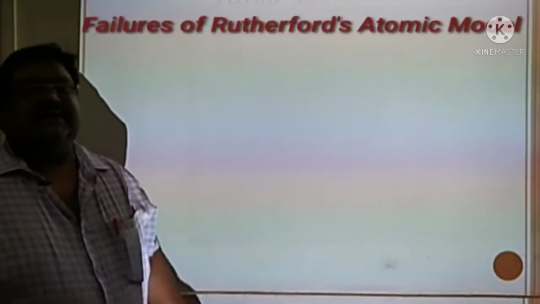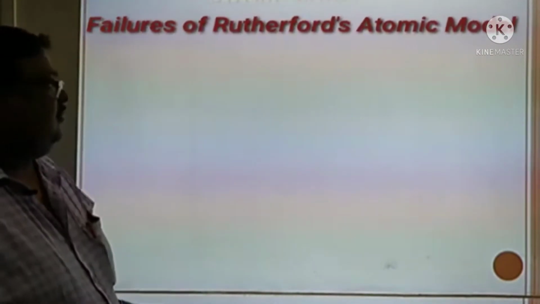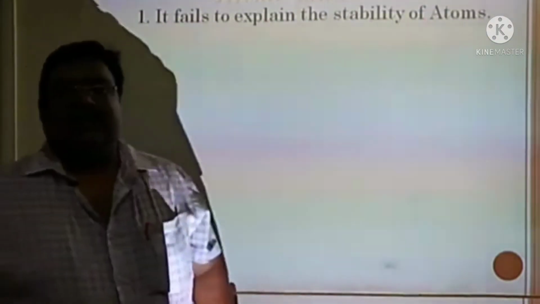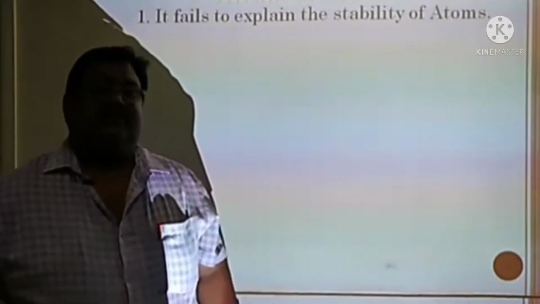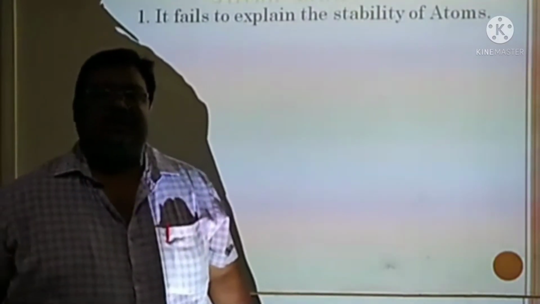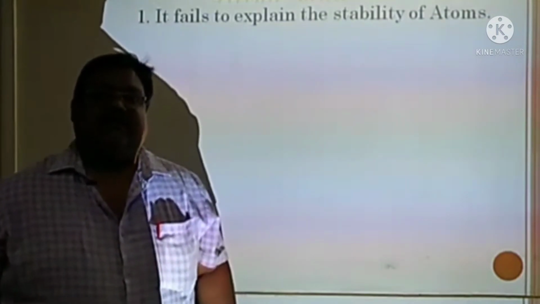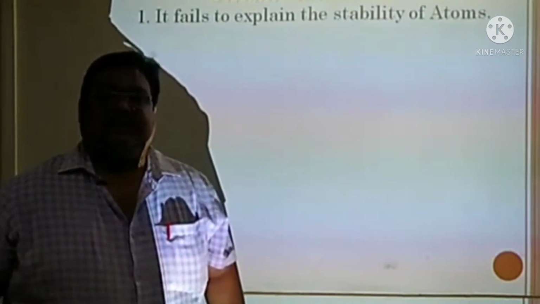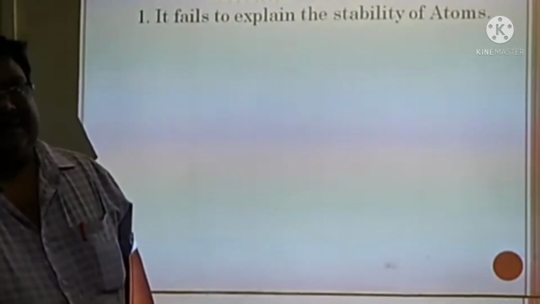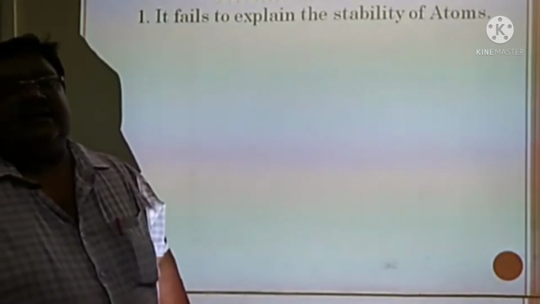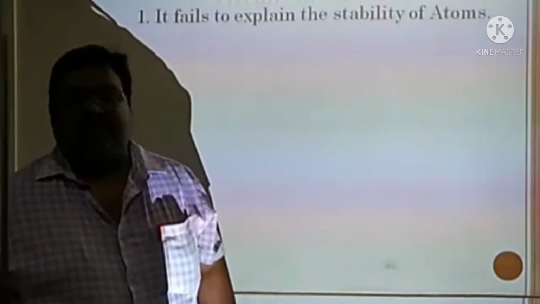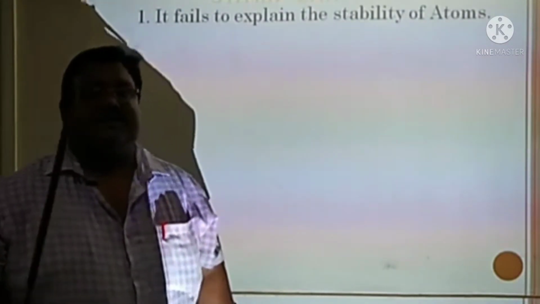But there are certain failures of Rutherford's atomic model. The first one is that it fails to explain the stability of atoms. According to Clerk Maxwell's theory of electrodynamics, whenever a charged particle revolves around another charged particle, the revolving charged particle continuously emits energy. Since the electron is a charged particle revolving around the nucleus, which is again a charged particle, the revolving electron must emit energy continuously.